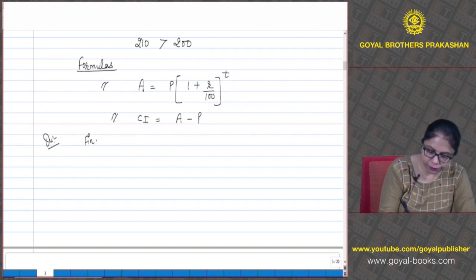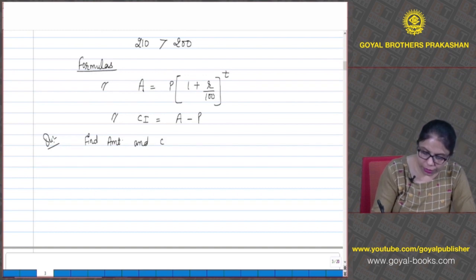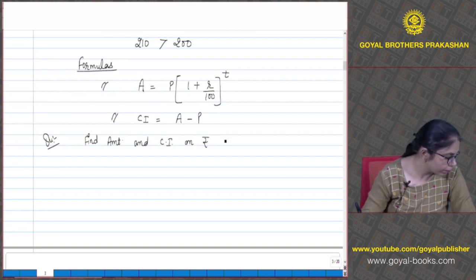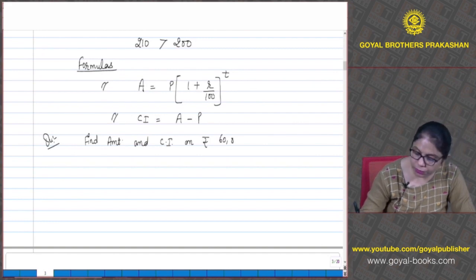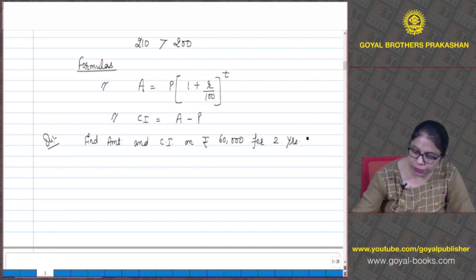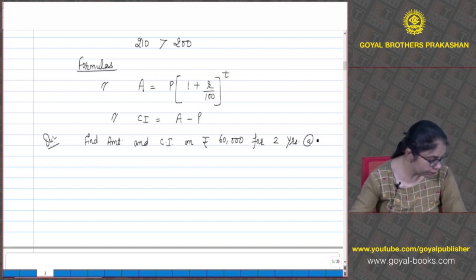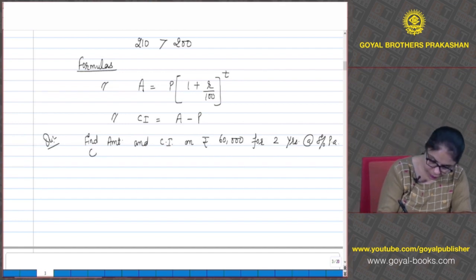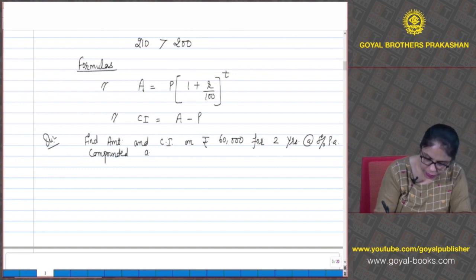Find the amount and compound interest on 60,000 for 2 years at the rate of 8% per annum compounded annually.